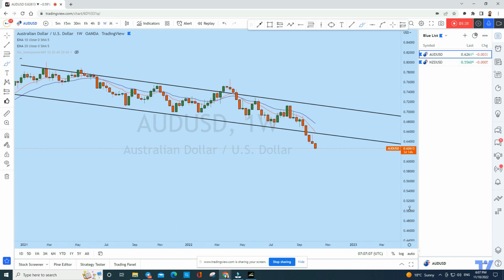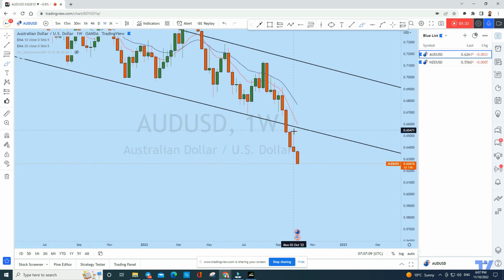Weekly perspective: on Aussie dollar we have seen the previous week this pin bar. Now this pin bar has a really special significance. If you look at the high of the pin bar, you see that it has grabbed huge liquidity from the top, breaking the previous week's high, and created a strong rejection. It's a liquidity grab.